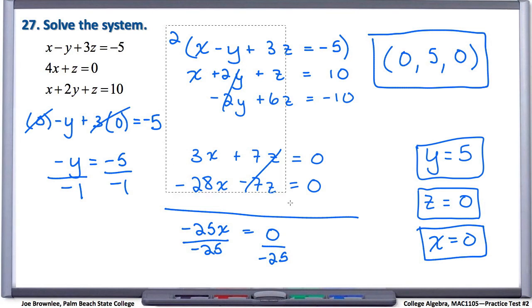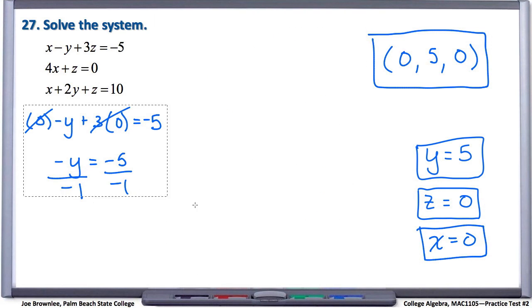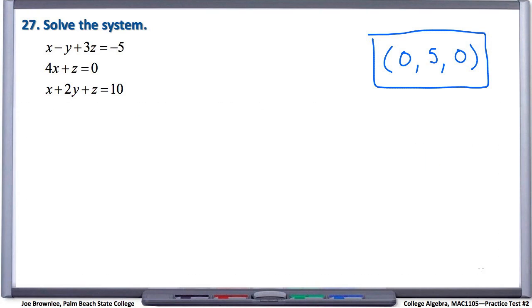And it's a really good idea, like always, once you have your solution, take the solution, plug it back into each and every one of your equations to test and make sure you get a true statement, right? This ordered triple has to work in all 3 equations in order to be a solution to the system. If it only works in 1 or it only works in 2, it's not a solution.